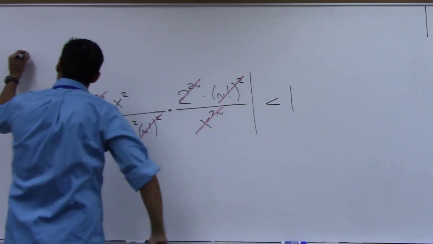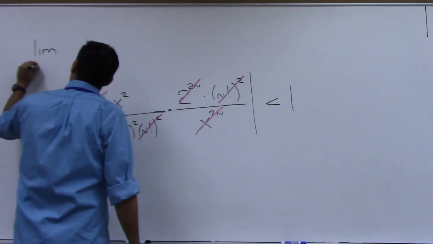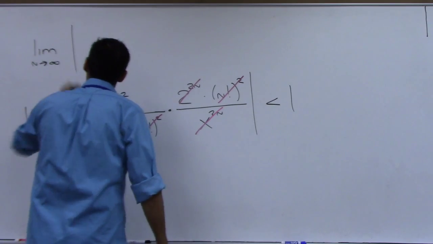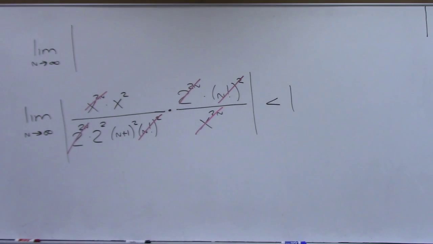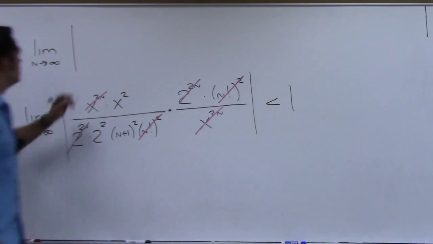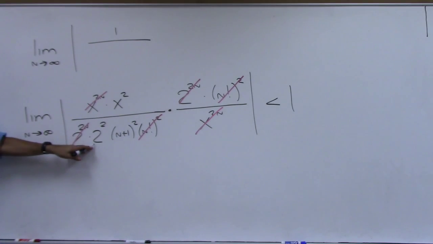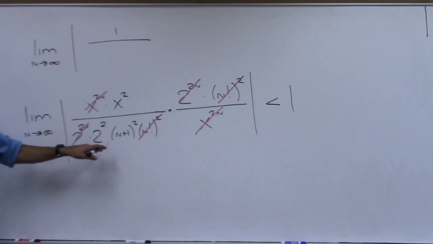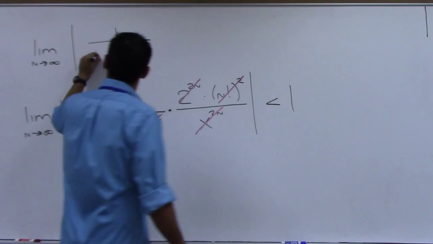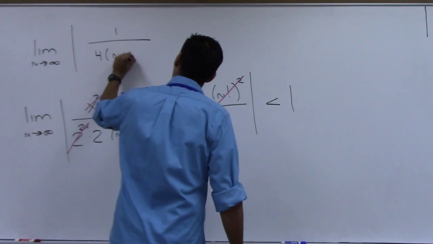So this will be the limit as n goes to infinity. All right, what's left n-wise? Nothing on top? Oh, that's wonderful. On the bottom? 4 and then (n plus 1) squared. 2 to the 2, so 4 times (n plus 1) squared. Why am I excited?